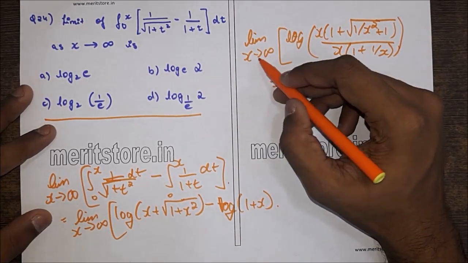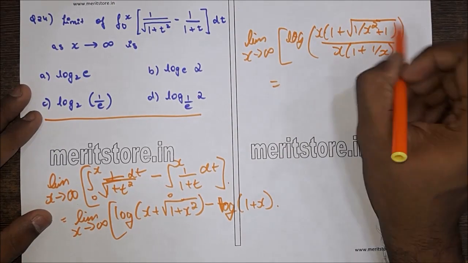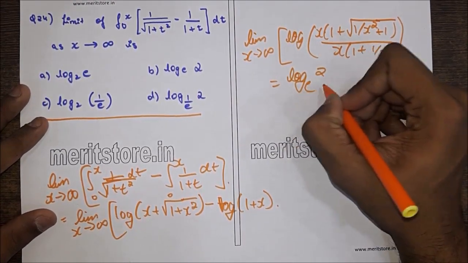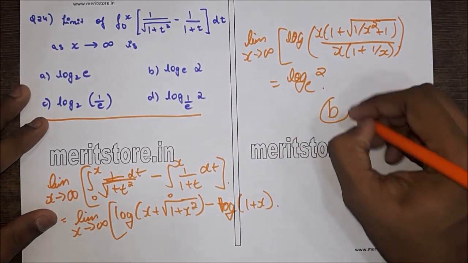On applying the limit as x tends to infinity, we are left with log 2 to the base e, which is option B.